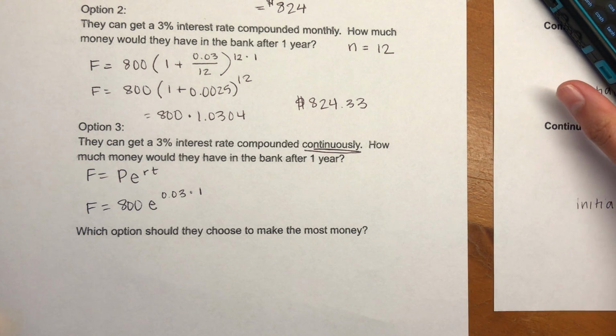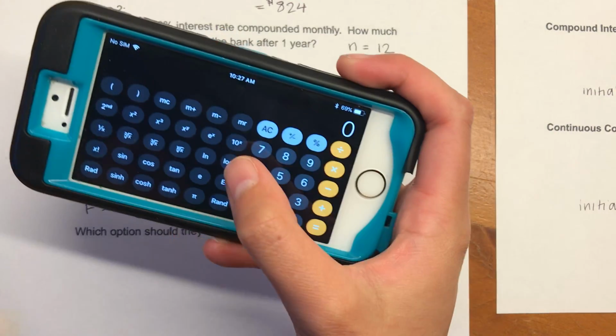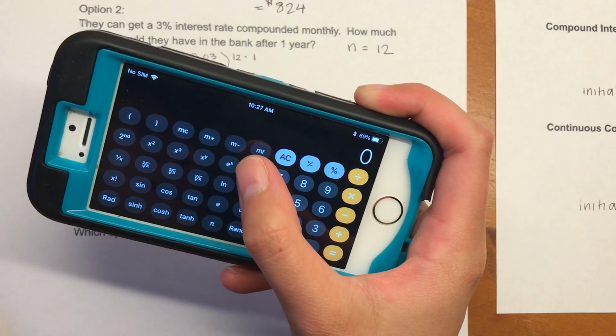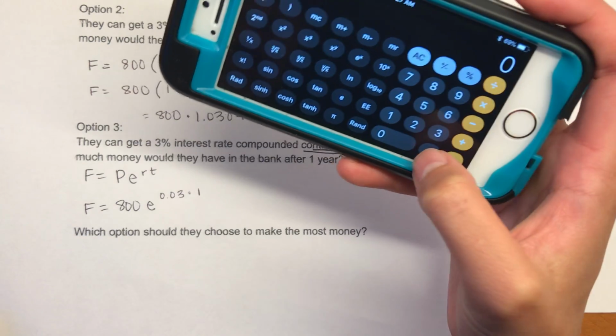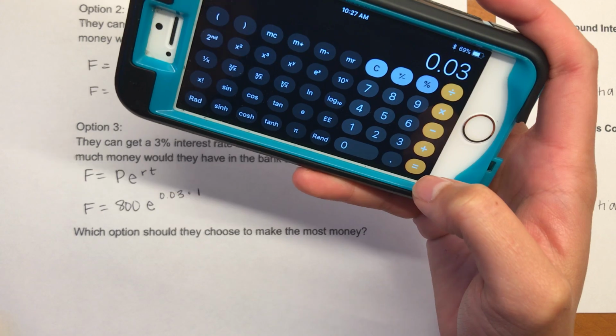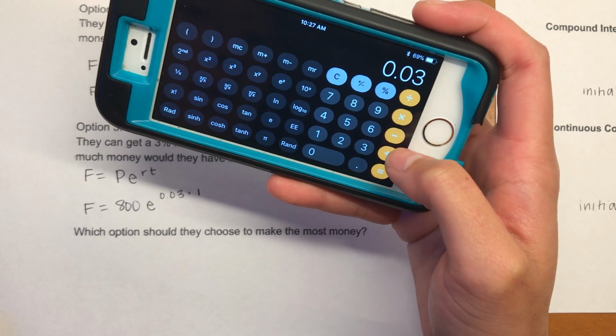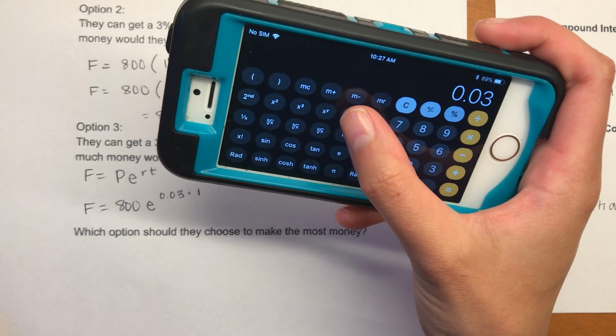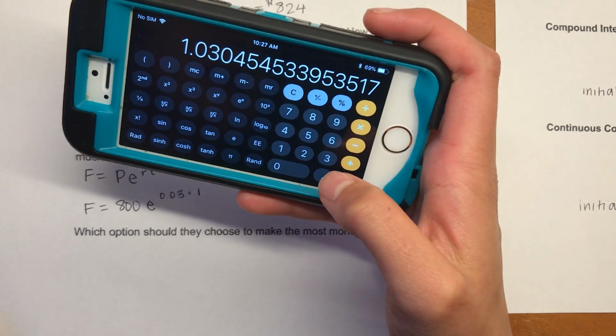Okay, so this is new. In your calculator, there's a new button that we're going to use. It's that e to the x button. So I'm going to put in my exponent. 0.03 times 1 is 0.03. And then I press the e to the x button. So I did the exponent first.